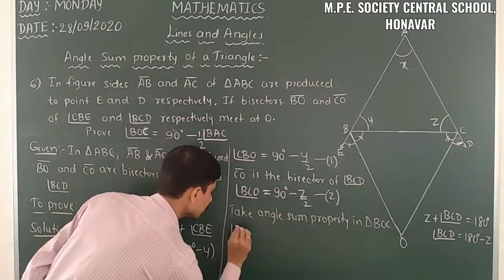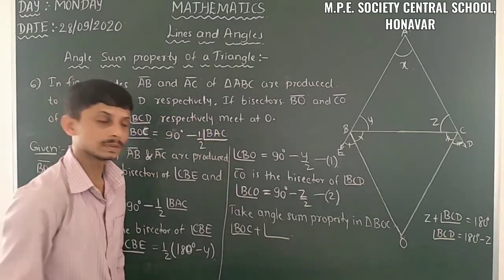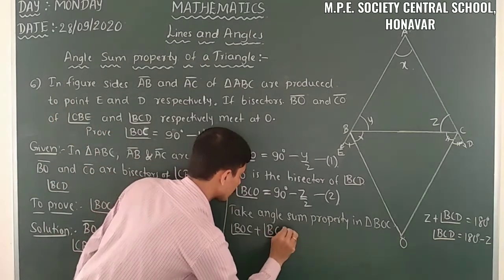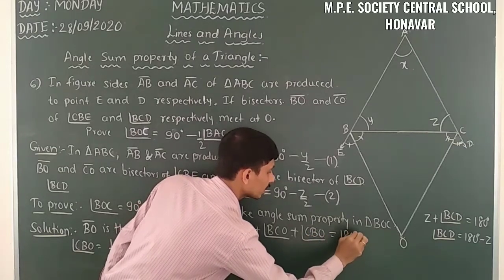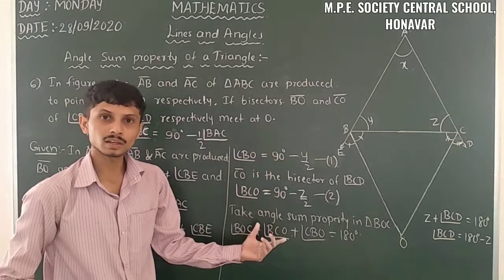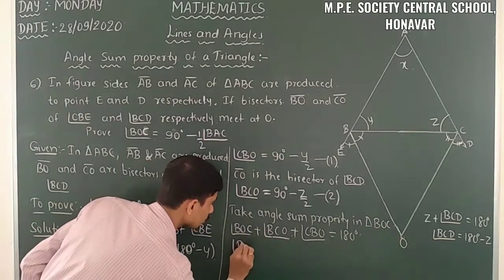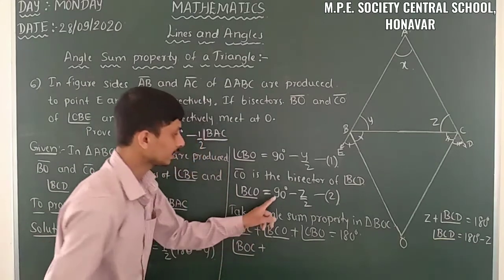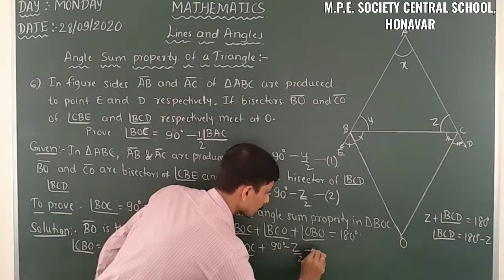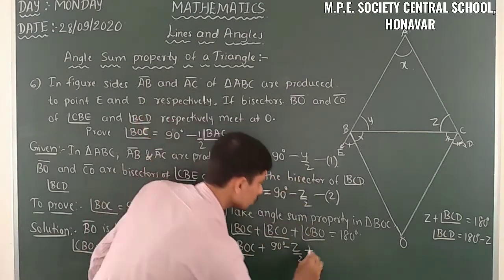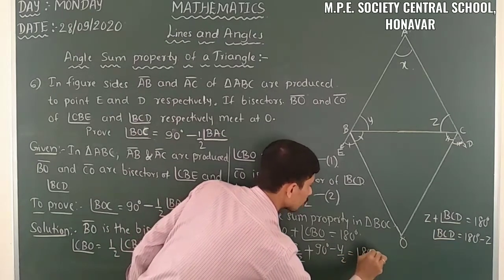Angle BOC plus angle BCO plus angle CBO is equal to 180 degree. Let us substitute these two values here in respective places. That is angle BOC plus 90 degree minus z by 2 plus 90 degree minus y by 2 is equal to 180 degree.